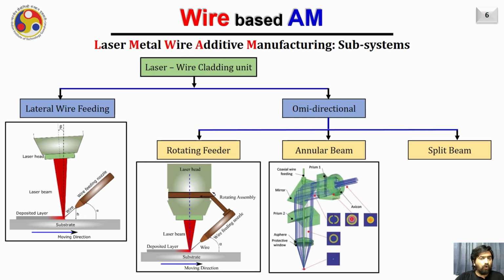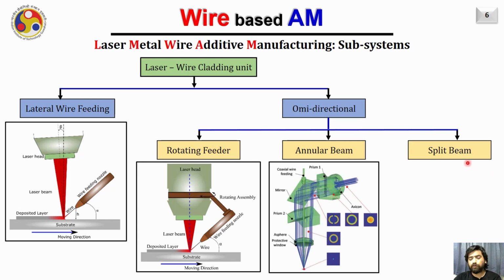As the laser beam is hollow now, one can feed the wire from the center, and at the focal point, when the hollow beam is converted to a solid beam, the wire also merges with it, and at that point the melt pool is created. Such heads are capable of moving in any direction without any issue associated with the geometric and material properties of the deposited bead. This is an example of the annular beam.